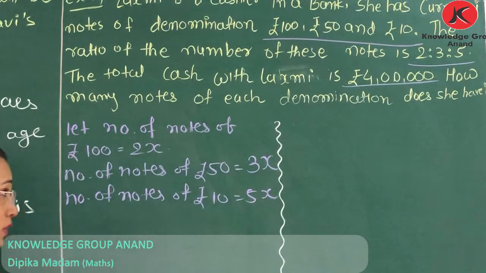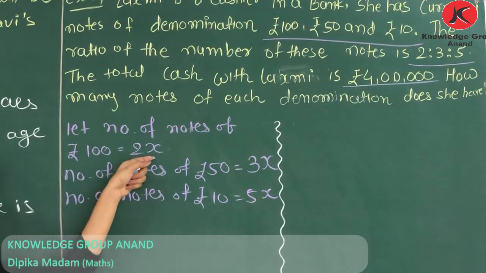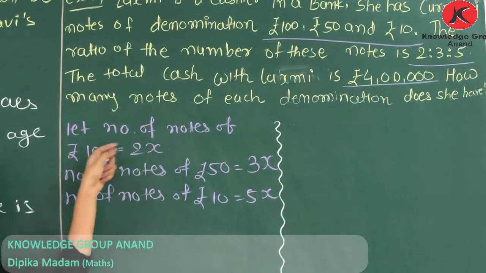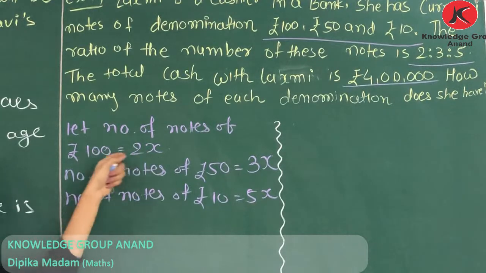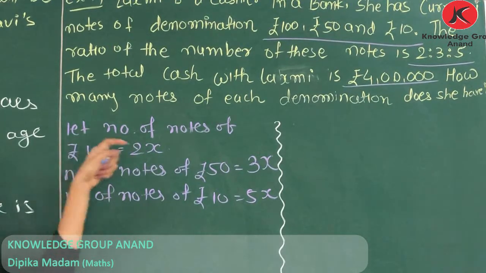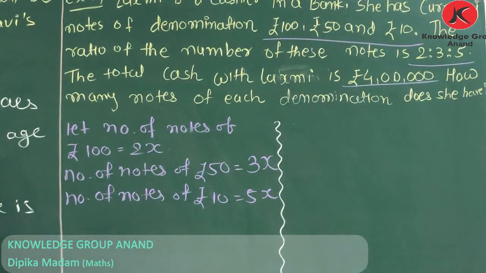Now from the 100 rupee notes, if 1 note then 100 rupees, 2 notes then 200, 3 notes then 300. How many notes do we have? 2x. So how many rupees do we have from the 100 rupee notes? 2x multiplied by 100.